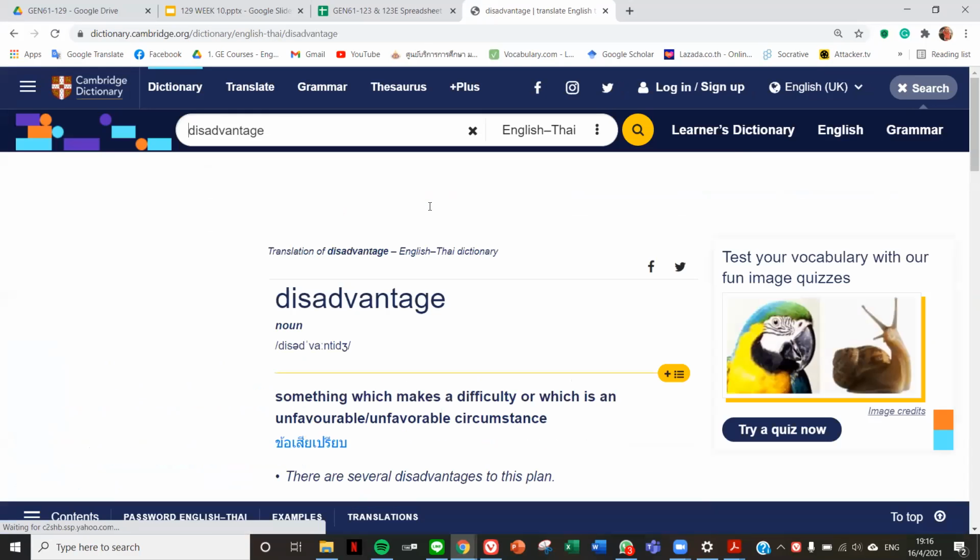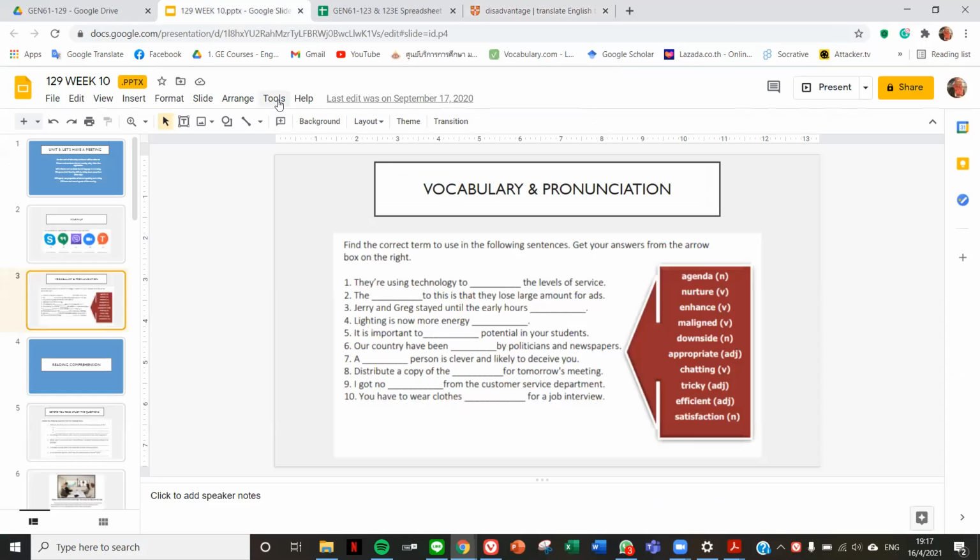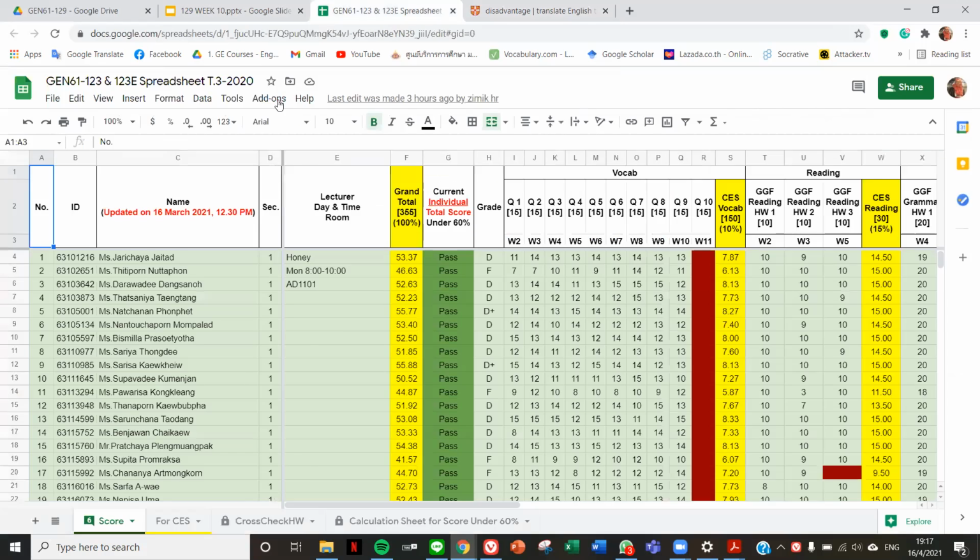You will develop lung cancer or something. So it's synonymous with disadvantage, because we couldn't find the word downside here. So we will find the word disadvantage, which has the same meaning as the word downside. Now we're going to continue to the next word, which is appropriate.